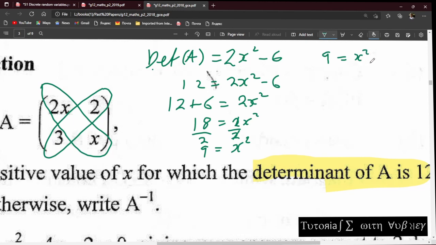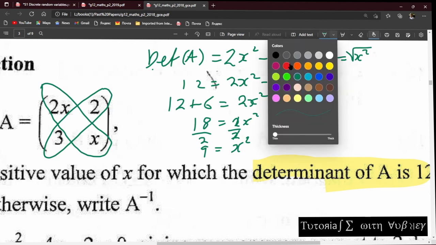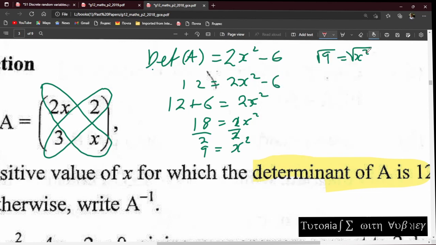To get rid of the square, we introduce the root there, so that the 2 and the root cancel out.